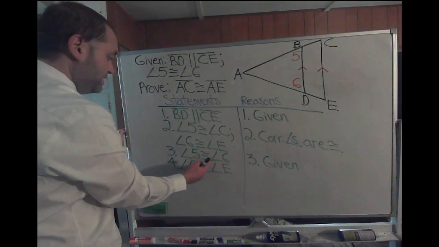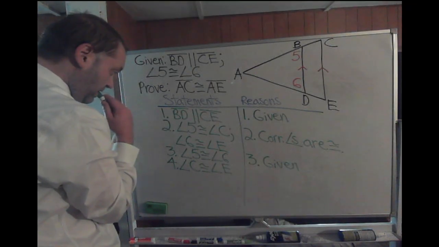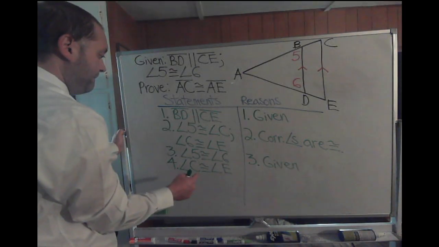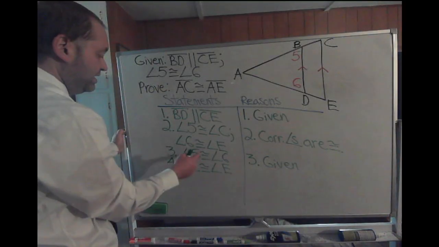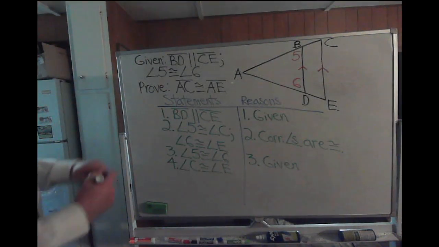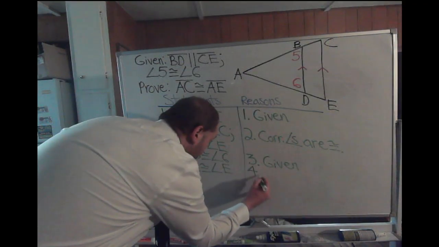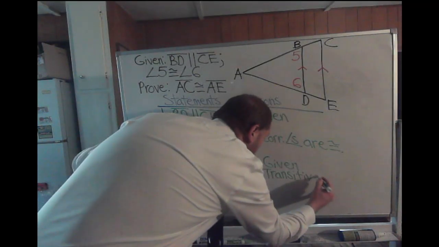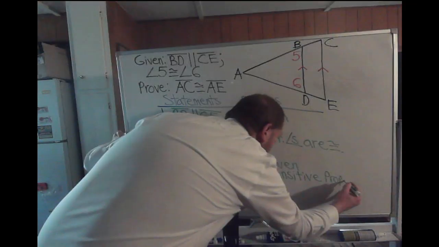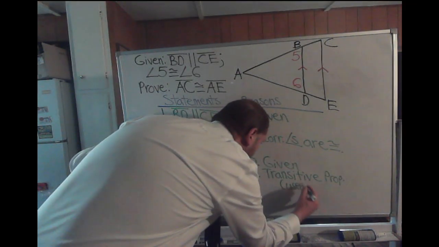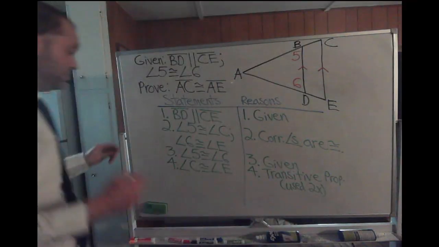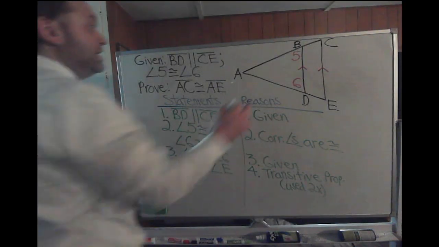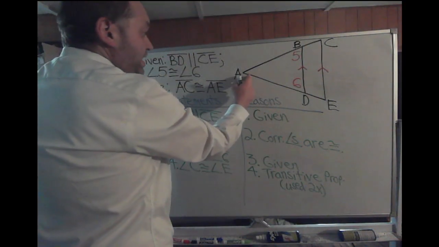So angle 5 is congruent to angle 6. Well, angle 6 is congruent to angle E. So 5 is congruent to E, and then you have 5 is congruent to C. So by the transitive property used twice, you can conclude that angle C is congruent to angle E. Now, if angle C is congruent to angle E, aren't those base angles of the isosceles triangle AEC?